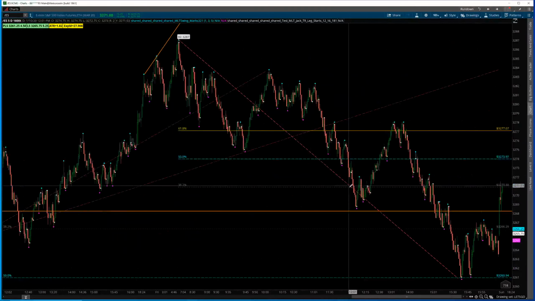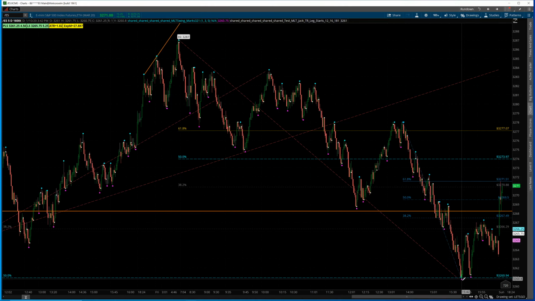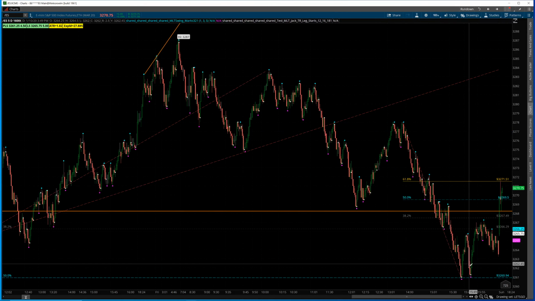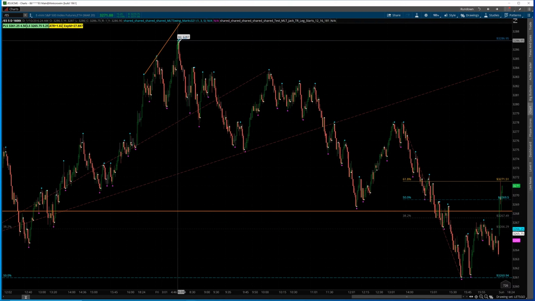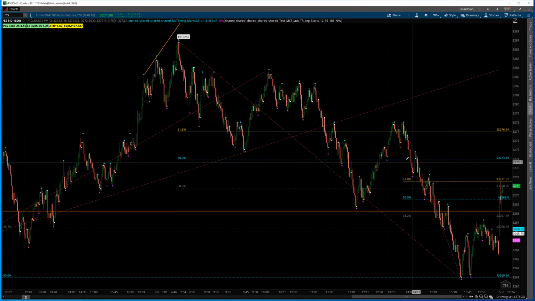Now, in the ES right now, if we break above this next halfway back short, you can technically call that a trend failure, and you could begin looking for a halfway back long. But the full break of shorts is all the way at 77s. The thing is, if we break this micro short here and then trade straight up into 3274s, that actually gives us a short setup to go lower.